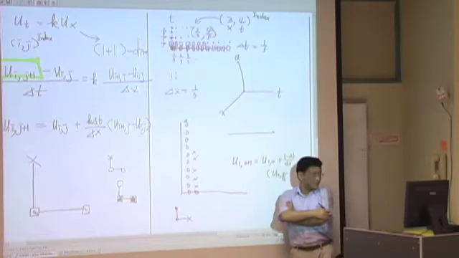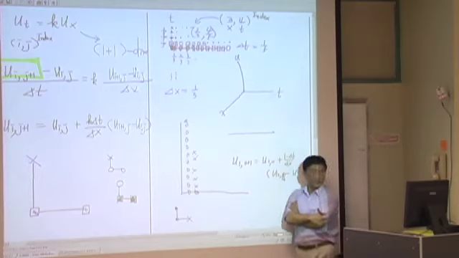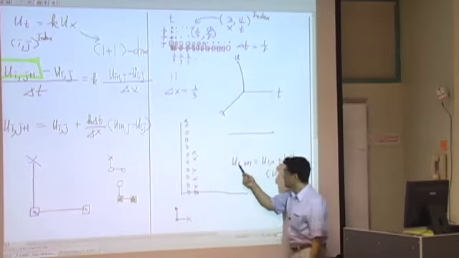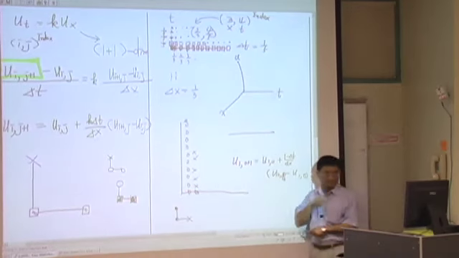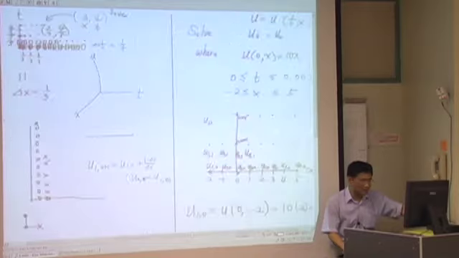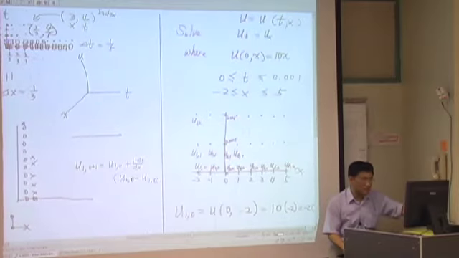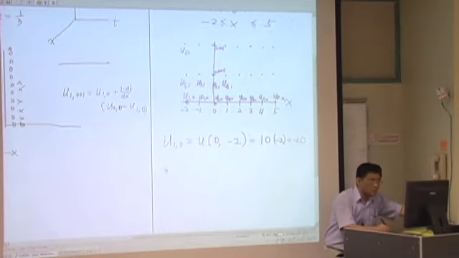So J is 0, right? I is 1, J is 0. U11 means I is 1, J is 0. So let's use this thing to calculate U11. From this, we will calculate U11 really. U11 equals U10.